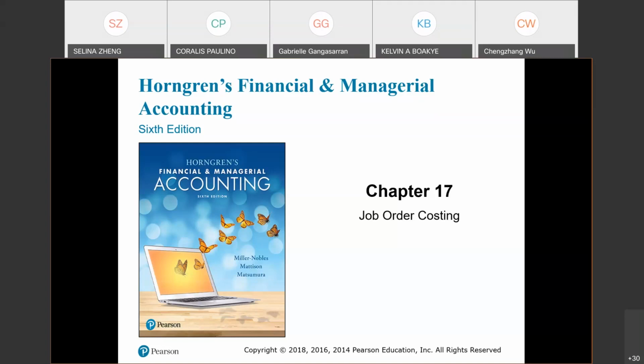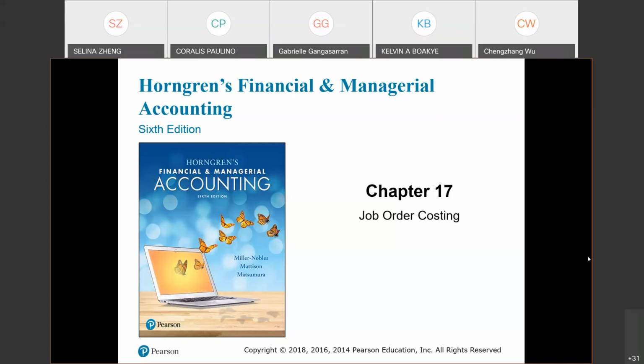So, starting from this chapter, we will learn different methods to accumulate and assign the cost to specific products or specific jobs. Cost accounting systems, which will be learned in this chapter and then next chapter, measure, record and report the product cost.